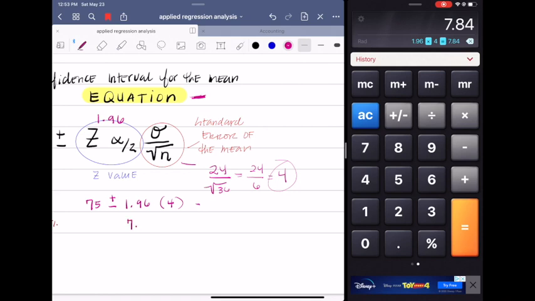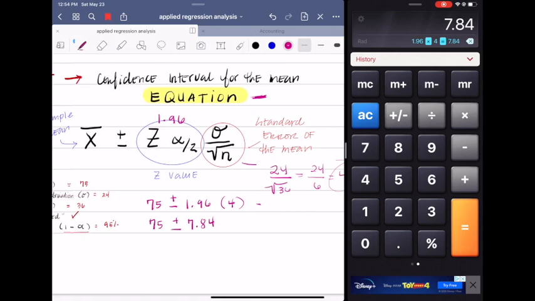So what we get is 75 plus minus 7.84. And from here, I'm going to split it up and solve them individually, and I'm going to start off with subtraction.